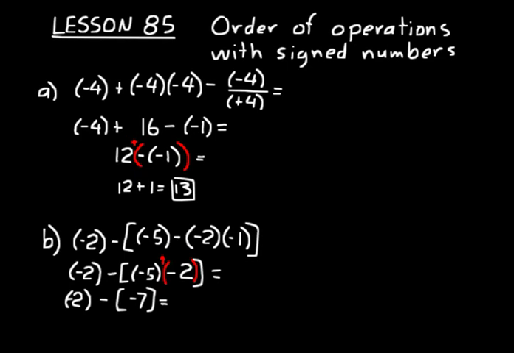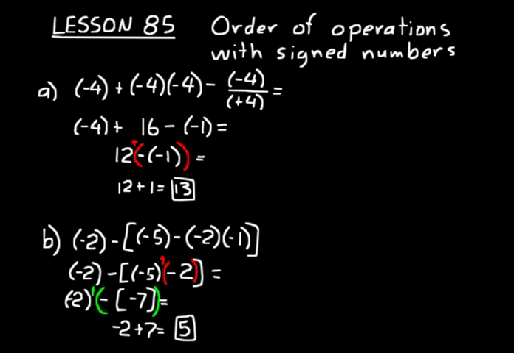Okay, now we have -2 minus a -7, or again, just put all of this in parentheses, a plus sign in between, and we can see there we have the opposite of 7, which would give us -2 plus 7 equals 5.